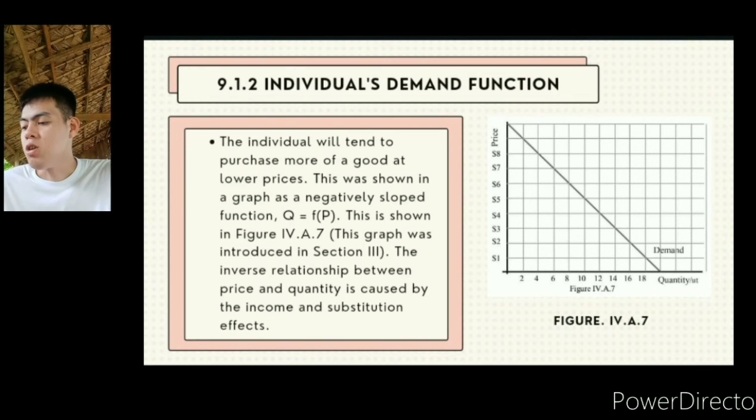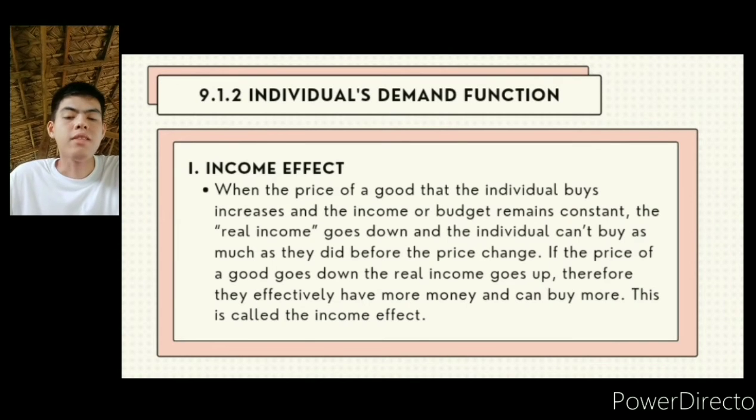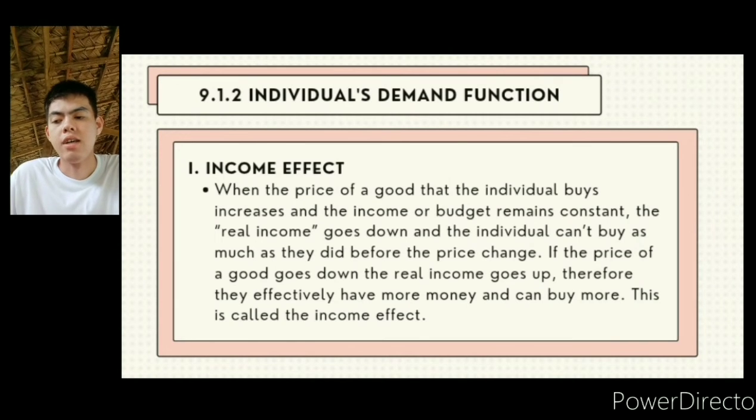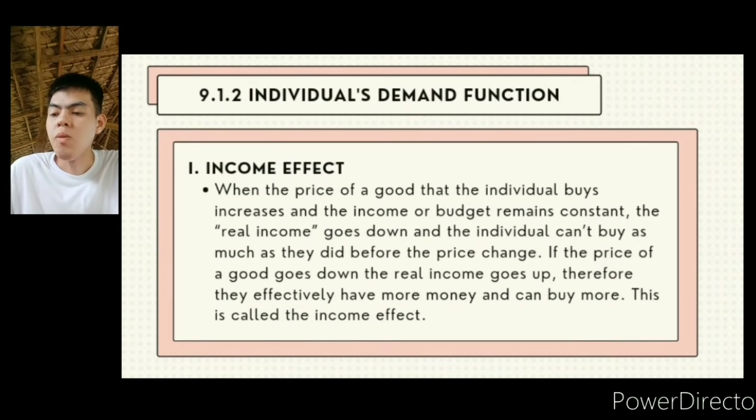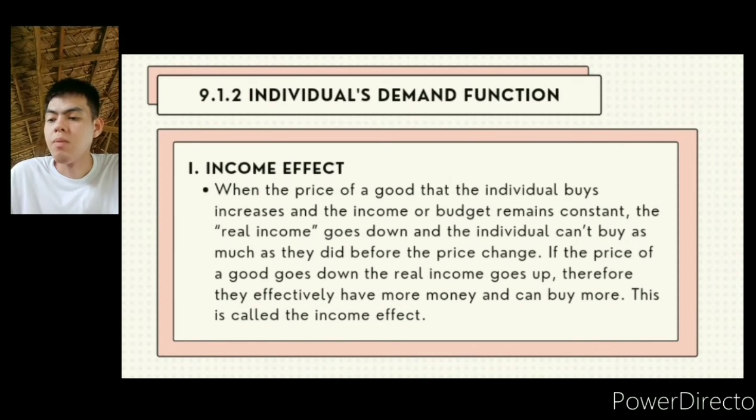Then, the inverse relationship between price and quantity is caused by the income and substitution effect. Dito naman tayo sa income effect. Dito sa income effect, kumbaga, pag tumaas yung price ng goods na binibili ng mga tao, bababa yung income. At hindi nila mabibili yung goods na yun kasi nabago yung presyo.